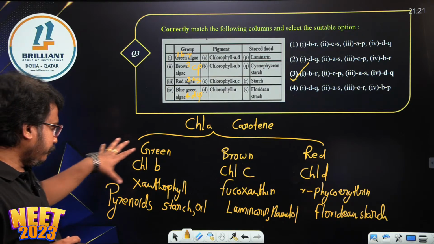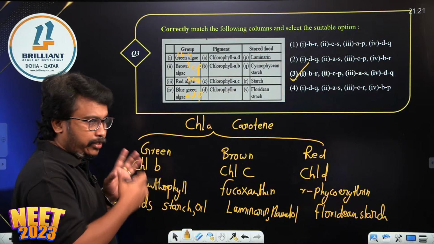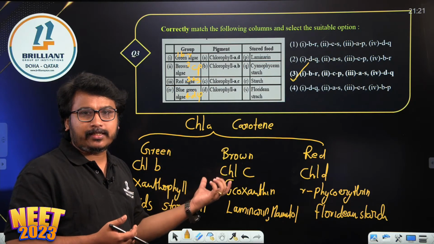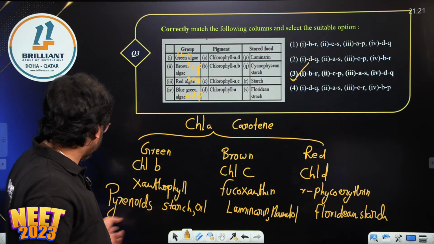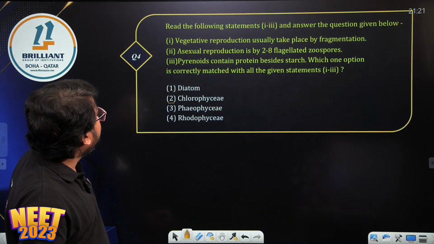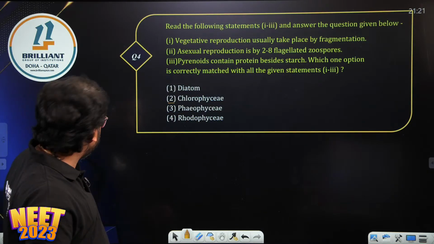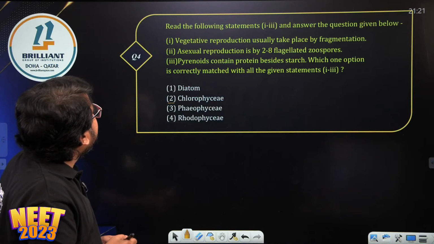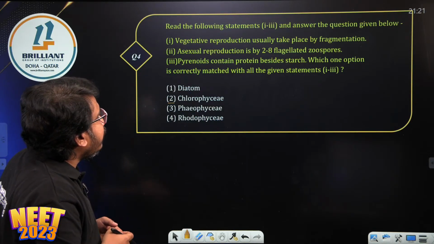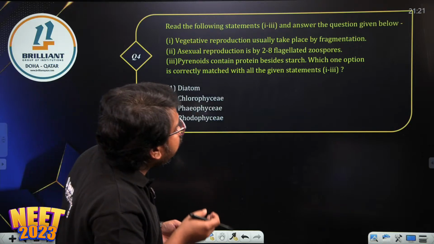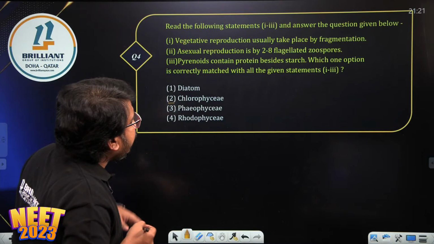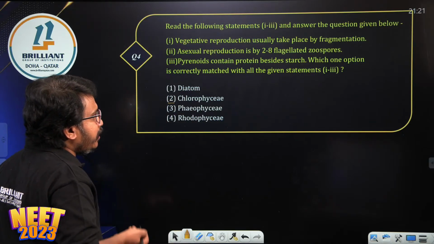Now, when you are making the note, it's better to make a table form and compare and learn about these 3 algae. Now next is, read the following statement and answer the questions given below. Vegetative reproduction usually takes place by fragmentation.